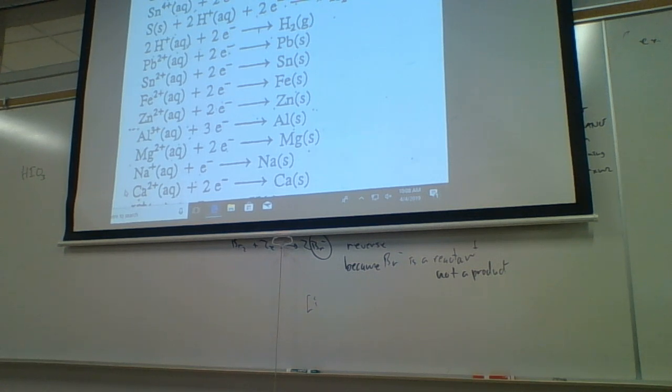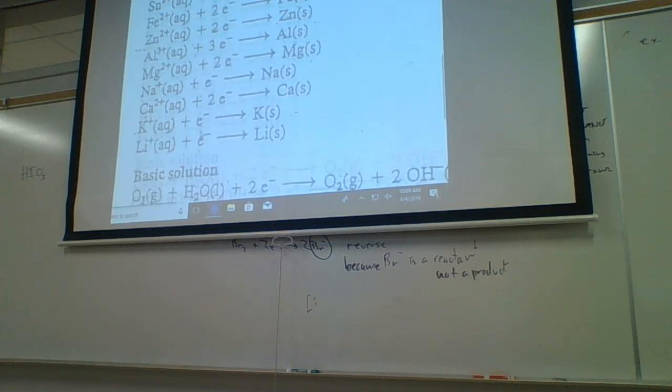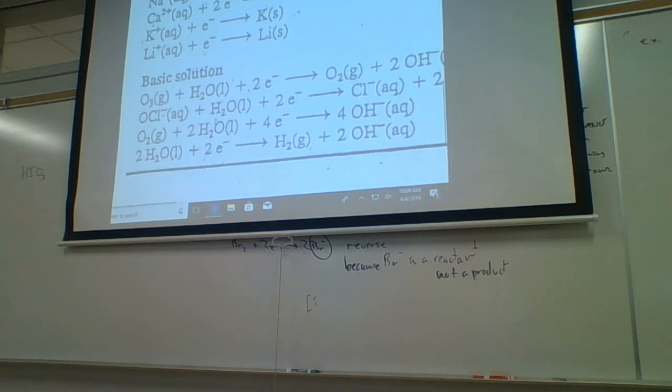As far as reducing agents goes, potassium is the second, lithium is the first strongest reducing agent. Chloride is extremely weak. And so we expect the reaction to be between potassium ions and water. So we just copy the equation for water here. When water takes electrons, we'll have 2 water liquids plus 2 electrons.